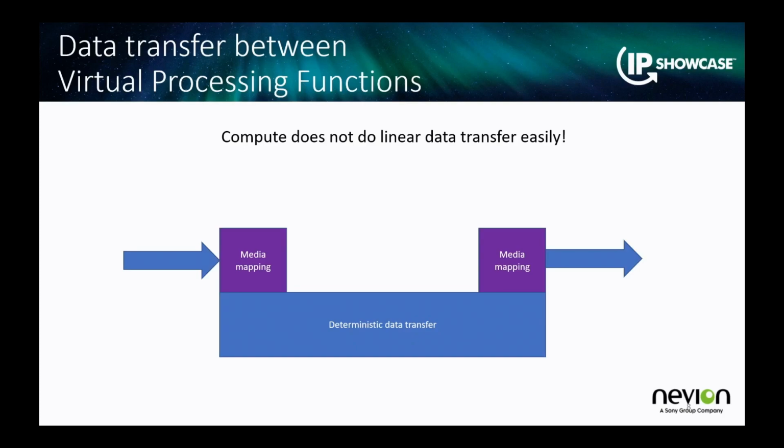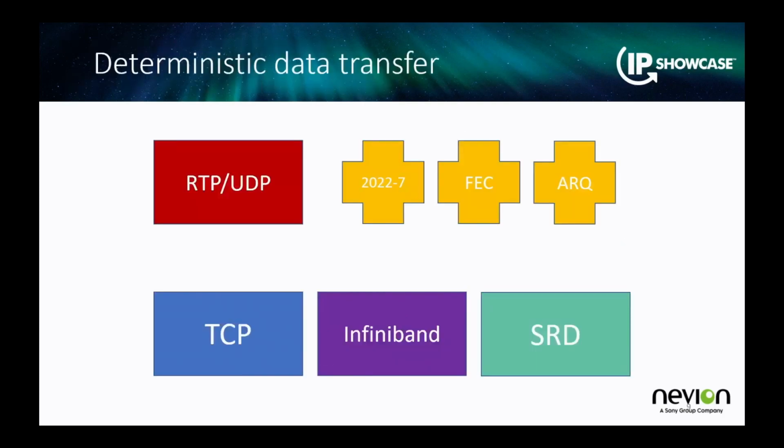I'm just going to move forwards here. So in the RTP UDP space I've been talking about, we have methods by which we protect that. They're all ways of ensuring we have integrity whilst having a non-deterministic transfer function. So we have spatial diversity of packet replication and merging at the RTP layer, which is what 2022-7 is.